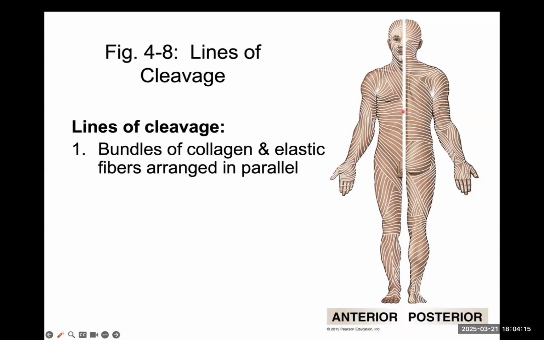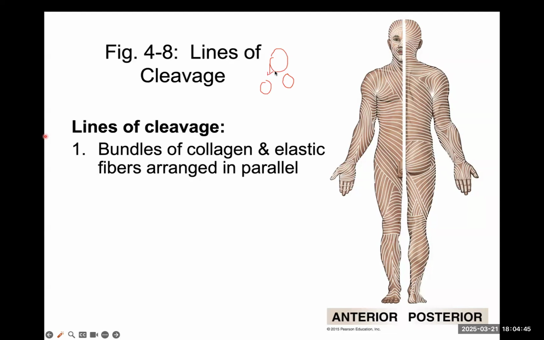So the word cleavage means to split things up. So let's see. If you had maybe a sperm cell and an egg cell, and they combine and then they go through the process of fertilization, and then the zygote starts to split, that means it's cleaving.